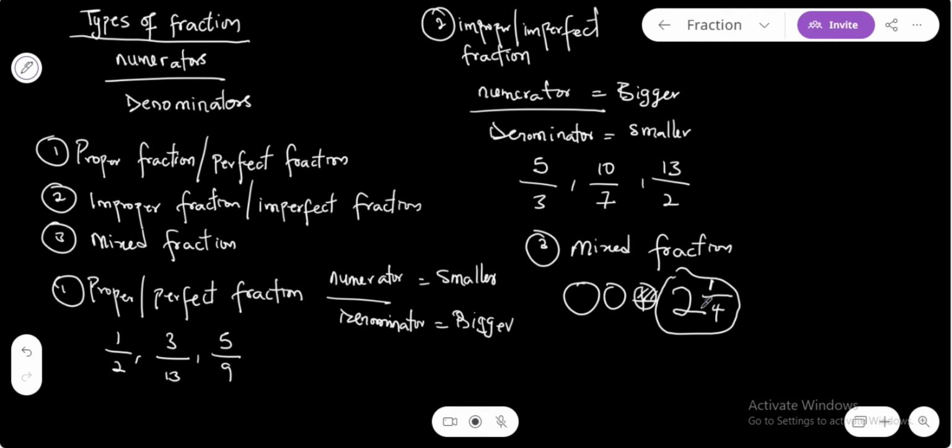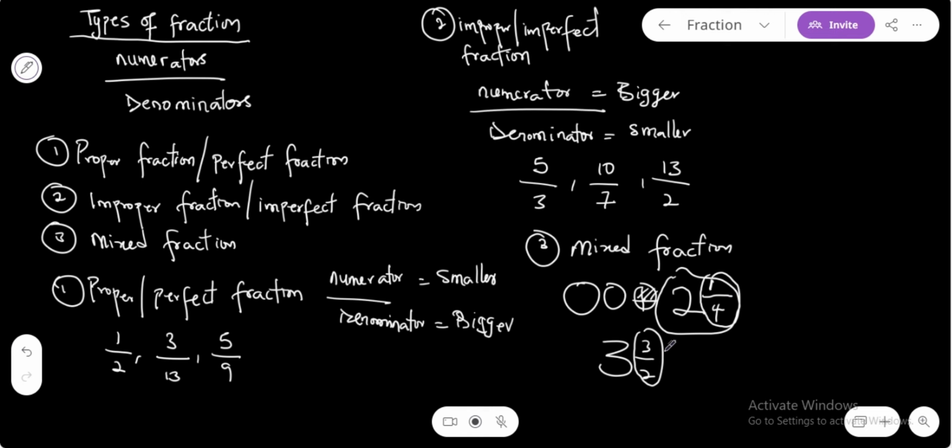Now, please take notes. For it to be a mixed fraction, it must be the combination of a whole number and a proper fraction, that is a perfect fraction. If you have 3 whole number, 3 over 2, for example, this might not be entirely correct. In our next class, we'll be looking at how you can convert this imperfect fraction to a mixed fraction that now has a perfect fraction.